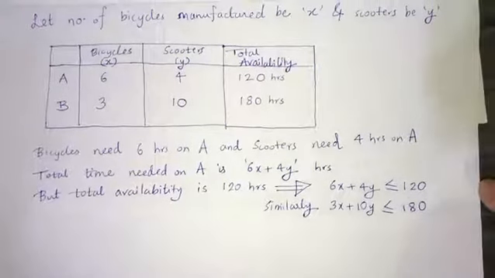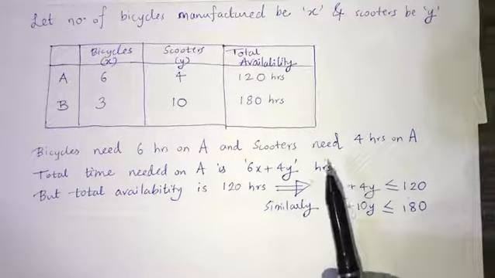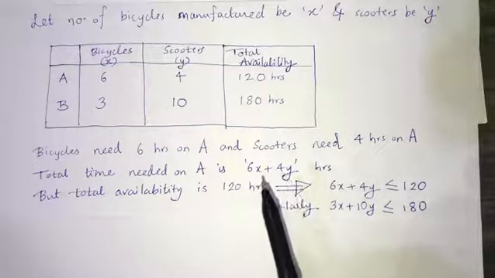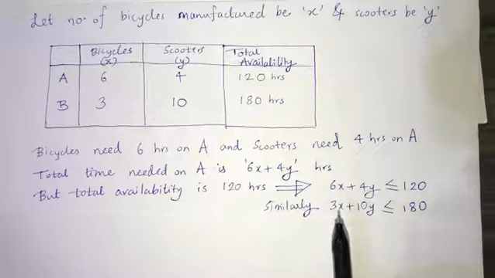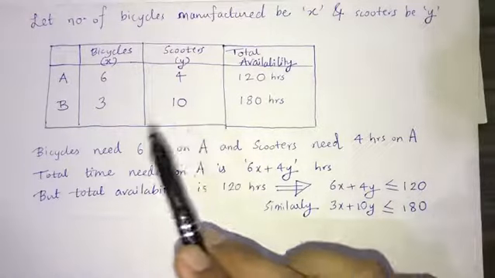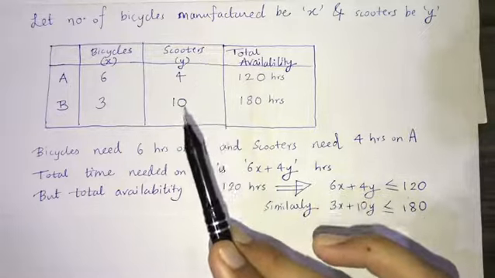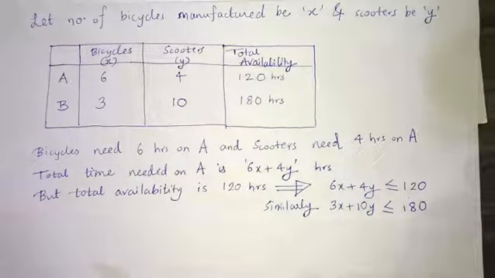Bicycles need 6 hours on A, scooters need 4 hours on A. Total time spent on A is 6x plus 4y for X bicycles and Y scooters, but it can't cross 120. Similarly, bicycles need 3 hours on machine B, and scooters need 10 hours on machine B. Total time spent on machine B will be 3x plus 10y to produce X bicycles and Y scooters, and it cannot exceed 180.